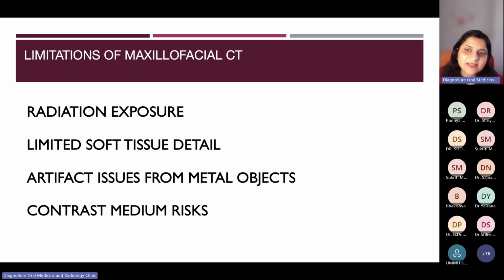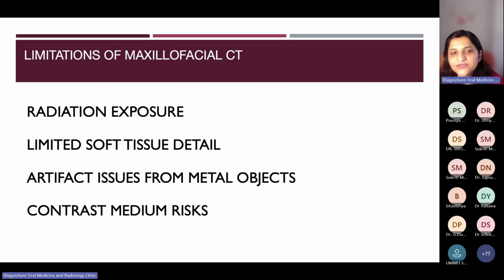Then artifacts, if there are metal objects or dental work, if the patient has got heavy crowns, we see a lot of artifacts on the CT images. Though we do have metal artifact reduction software and these algorithms are improving images these days, still they have limitations.